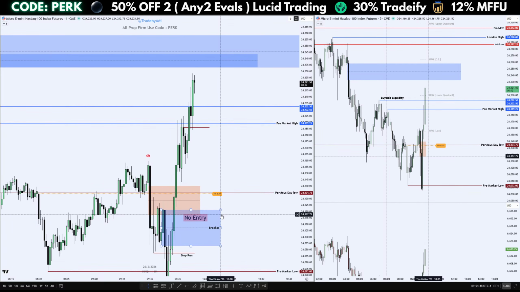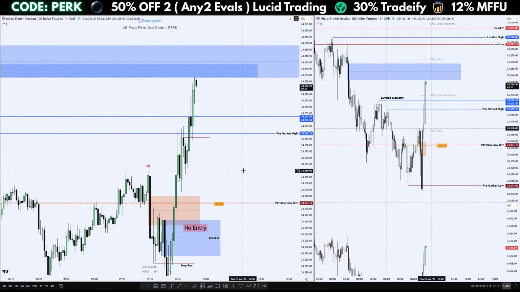If I see the opportunity, then only I trade micro. If I see my setup, I trade. If I don't see my setup, then it is okay.